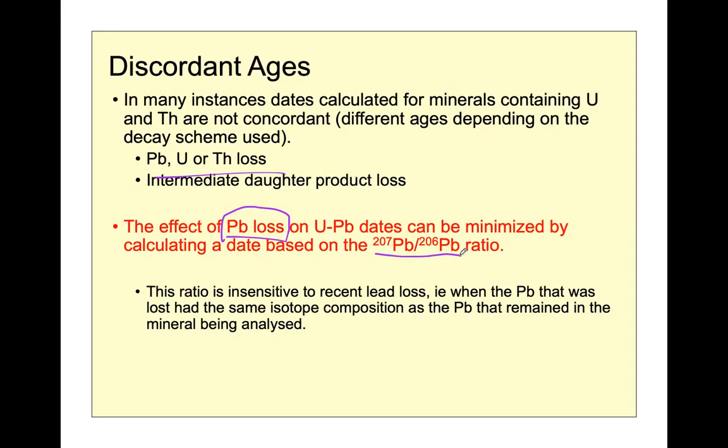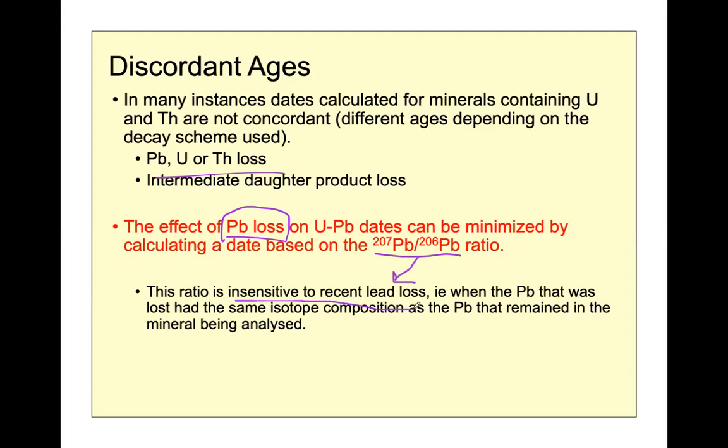closer to the real value. So in case you have experienced any trouble, like discordant ages when you plot them, right? We will see how we can plot them later. Then you can consider 207 lead. Okay, 207 lead you can consider. And also another important matter regarding 207 lead is it's insensitive to recent lead loss.